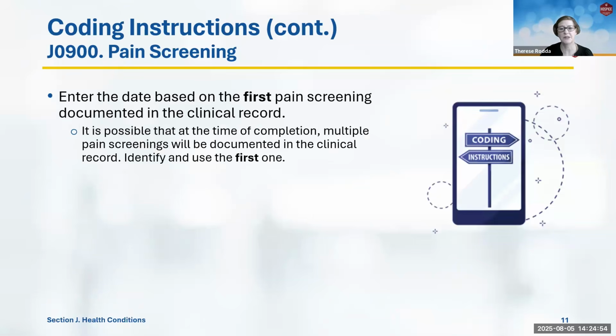And then for Part B, the clinician enters the date for the first pain screening. Keep in mind, it is possible that multiple pain screenings will be documented in the clinical record. The clinician should identify and use the first one. As a reminder, items carried over from the HIS can still be completed by data abstraction. J0900 pain screening is an example of this.